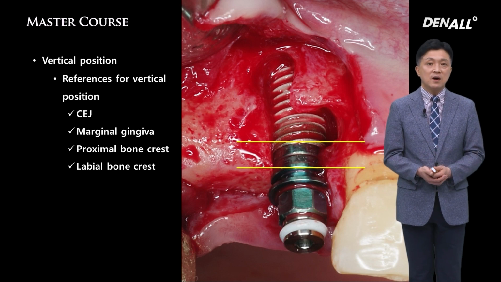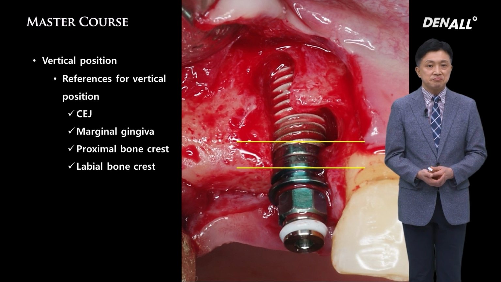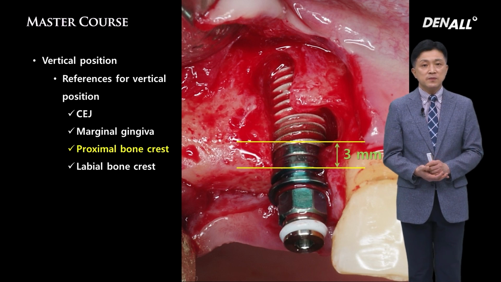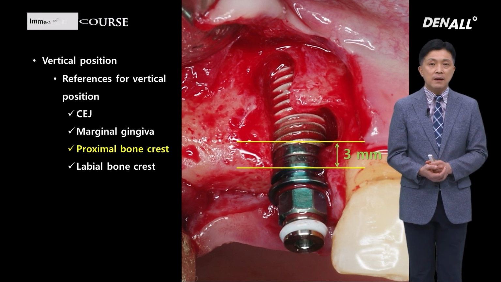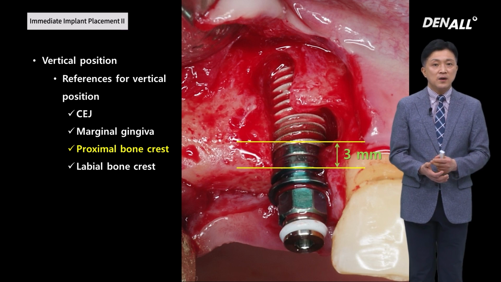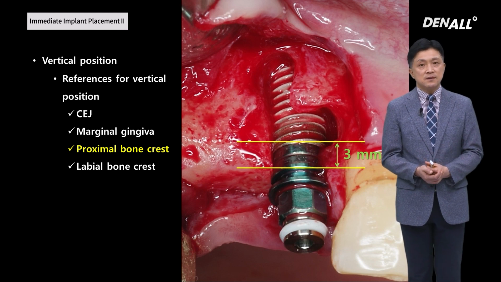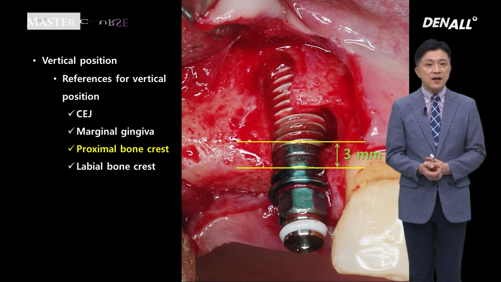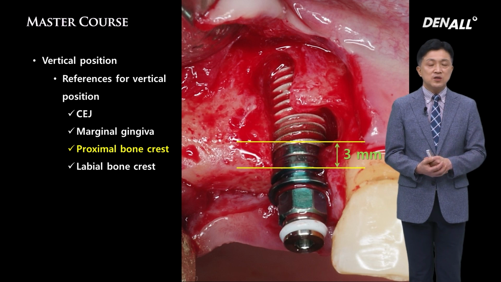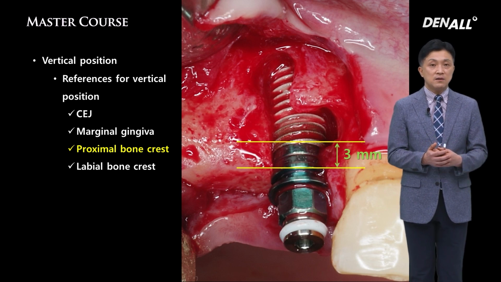How inferior should the implant be from the proximal bone crest? In my opinion, it needs to be at least 3 millimeters inferior to the proximal bone crest. You may think that it is quite deep. There are many different factors that determine the vertical position of the implant, such as gingival thickness.